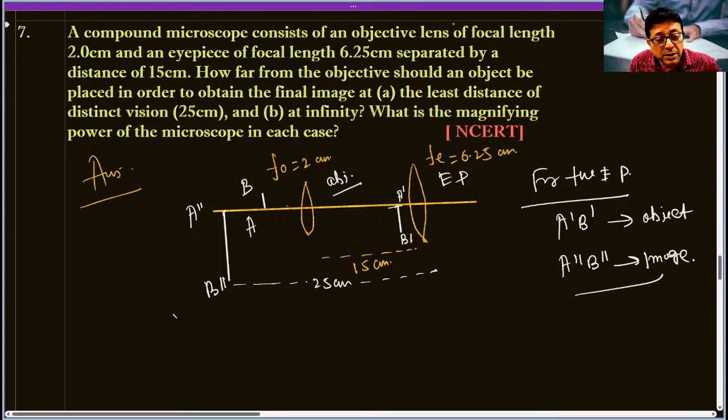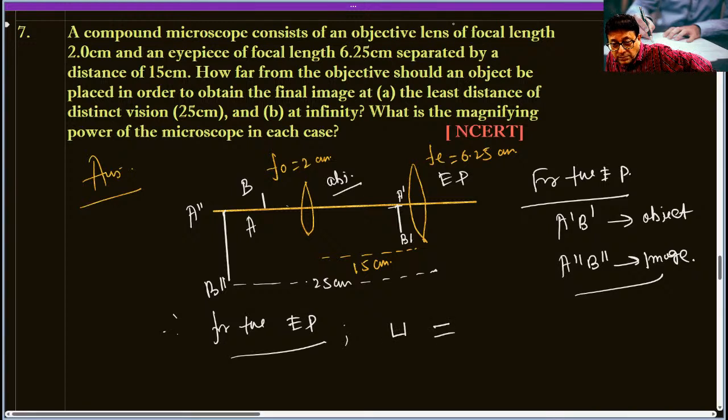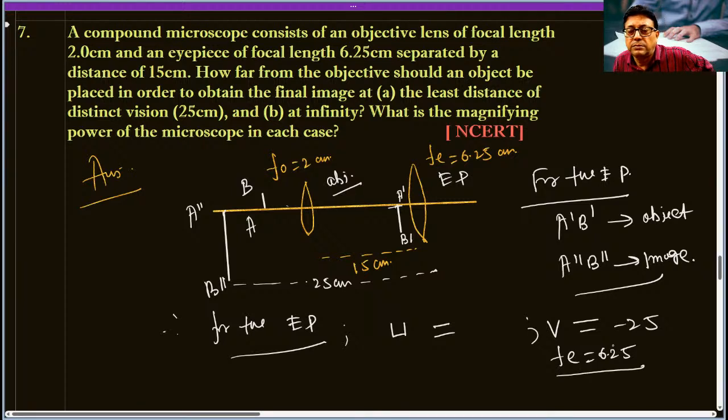For the eyepiece, U equal to, we don't know, but we know V. We know F, 6.25 centimeter. Okay, this F is 6.25 centimeter.